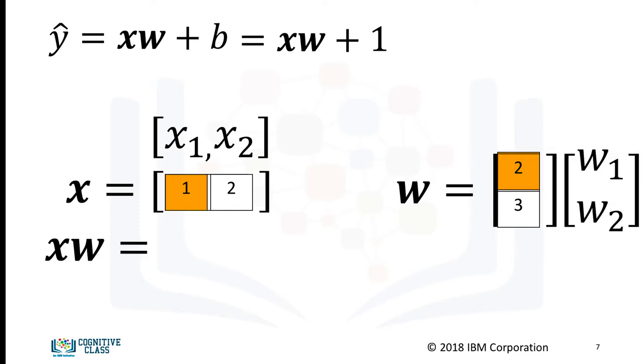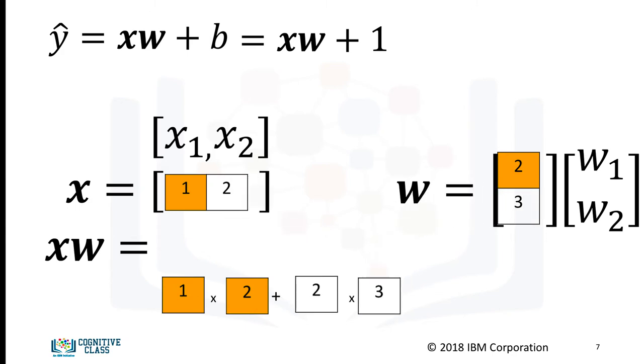For the first part of the equation, we multiply the first element of tensor x with the first element of tensor w, and we do the same for the second, and then we add them. In this case, the result is 8. We finally add the bias term, which gives us 9.